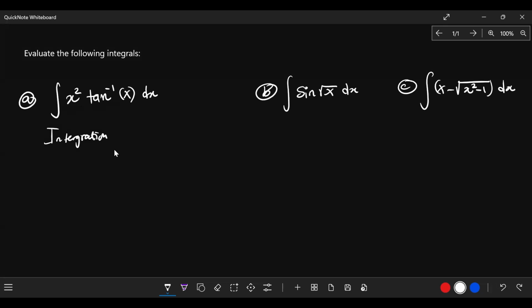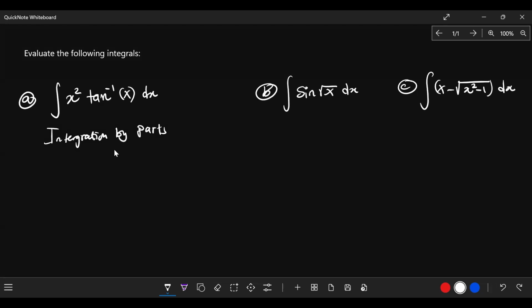The reason being is that substitution is not going to work. Remember that when we use substitution and say let u equal something, the derivative of that something must be able to cancel out the other function. But here, if you say let u equal x squared, you differentiate x squared to get 2x, and 2x is not going to cancel out with this.